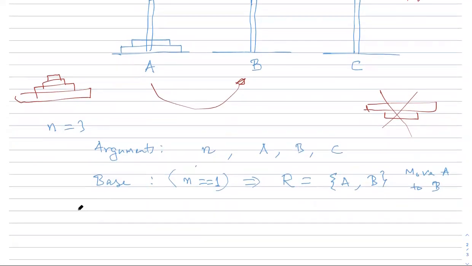Okay, so now let's come to the recursion step. So what is the recursion step here? What is the condition? Condition is n greater than 1. So what can we do when n is greater than 1?